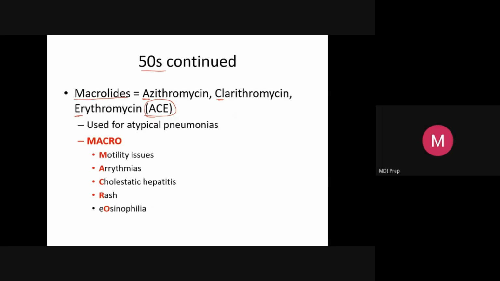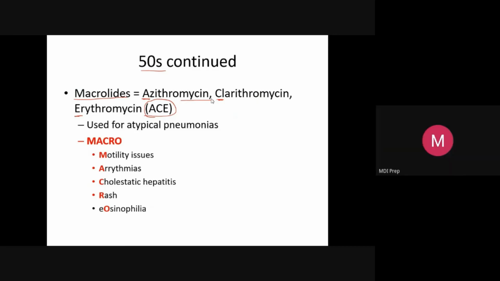You see the ACE? Even though they end in mycin, remember I told you, if it's mycin, it's typically an aminoglycoside, right? But these 3 are macrolides. Okay, you got that?